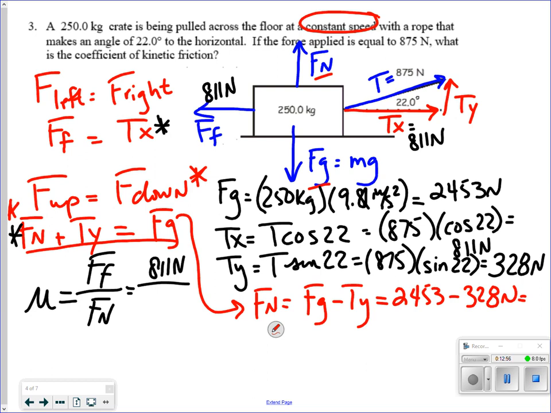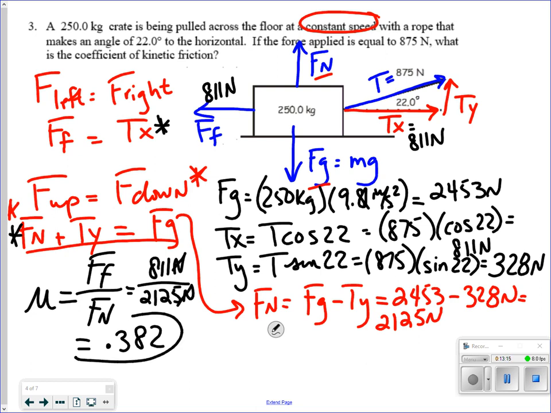So for normal force, you get 2125 newtons. So that's going to go right there. And when you do the math, you get 0.382. Remember, the newtons cancel. Mu is one of the few numbers we have in physics without any units on them. All right, so there's that one.